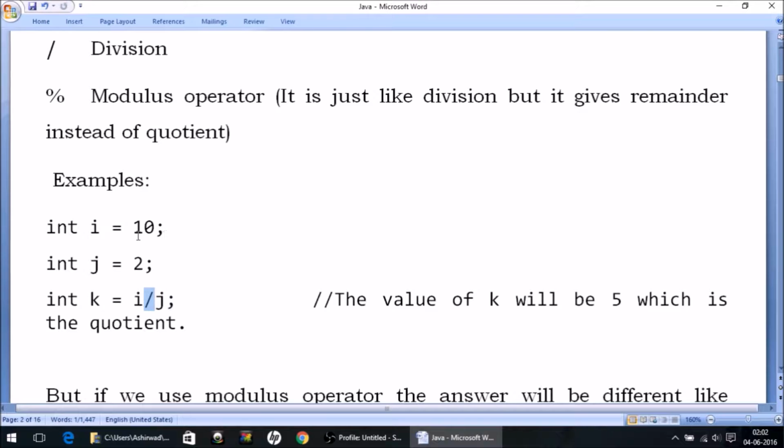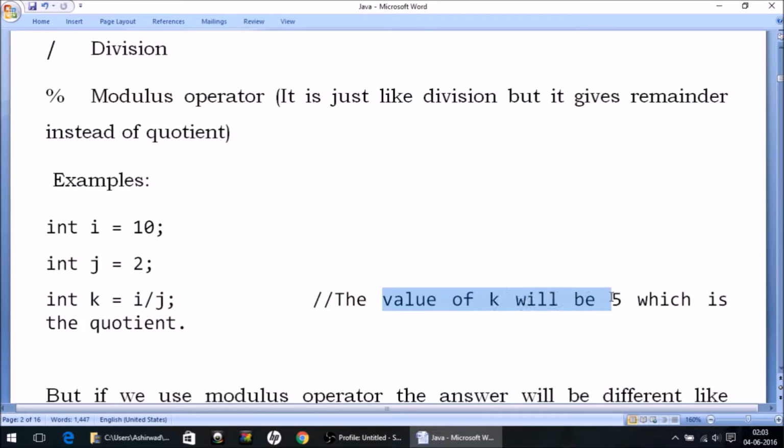In the example I have written int i equals 10, int j equals 2, and I am getting the quotient here. Remember that i will be divided by j, that is 10 will be divided by 2, and the quotient 5 will be stored in k.